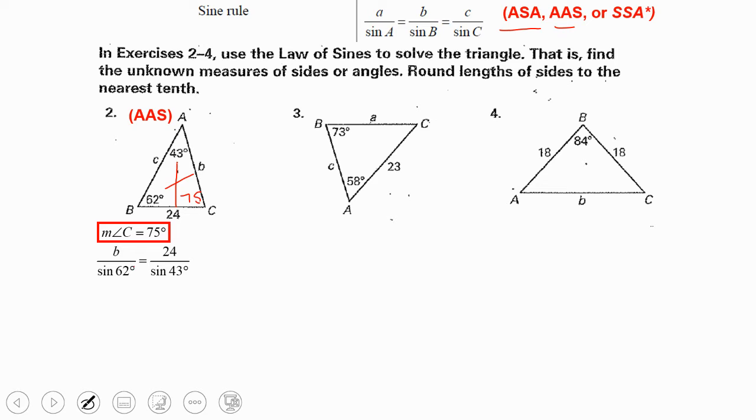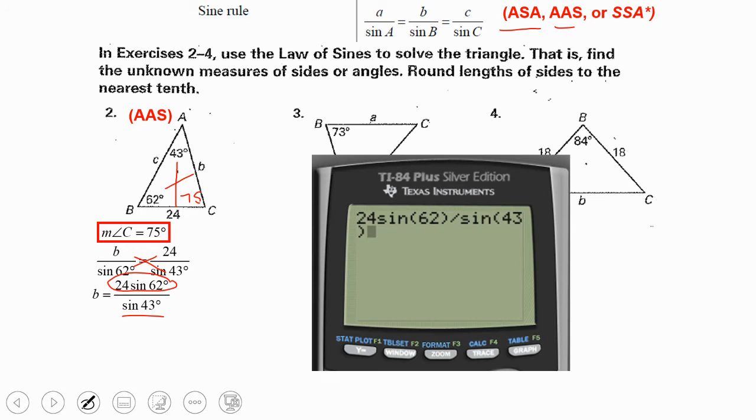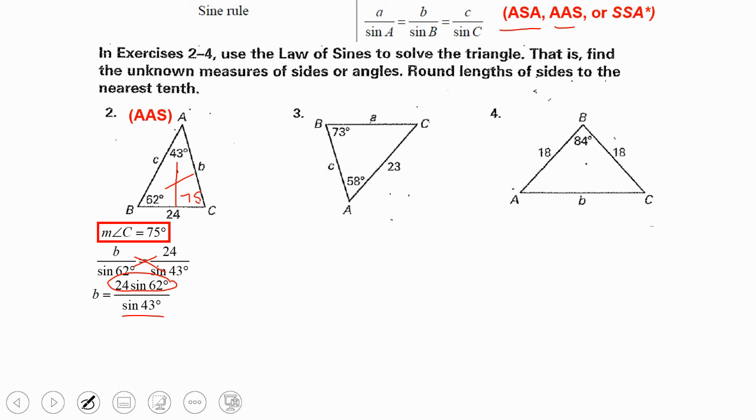So I'm going to cross multiply and divide. So this was 24 sine 62 divided by sine of 43. That's what it looks like in your calculator. So you get 31.1.